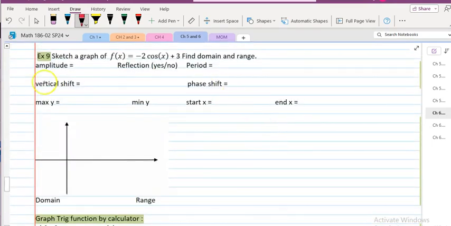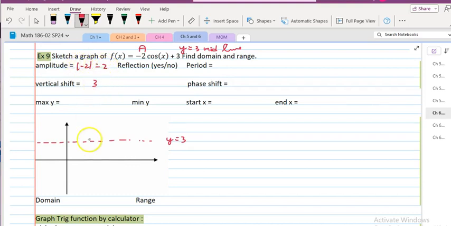Okay, we'll sketch a graph of -2 cosine x plus 3. This is A. It affects the amplitude. The 3 pushes the midline to y equal to 3. The middle of the graph would sit at y equal to 3. So I'm going to do 3 here, just freehand, y equal to 3 because it's up 3. If the amplitude is 2, absolute value of -2 is 2.